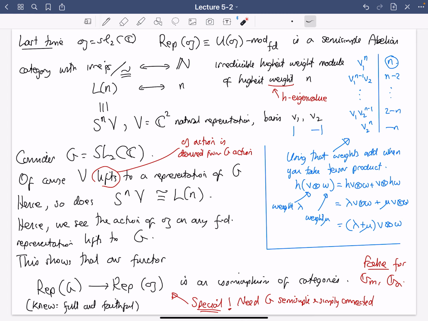In fact, for PSL2, you need these symmetric powers with n even. Only the even symmetric powers of those irreducibles give the irreducible representations of PSL2, not the odd ones. So somehow the group PSL2 only sees half of the representation theory of SL2. That's why the words simply connected are in there.